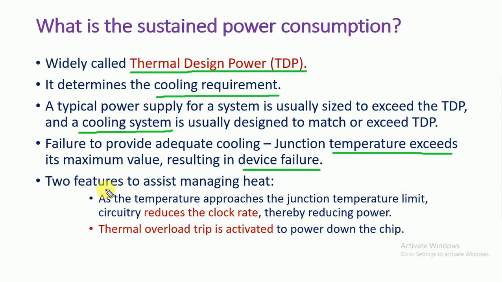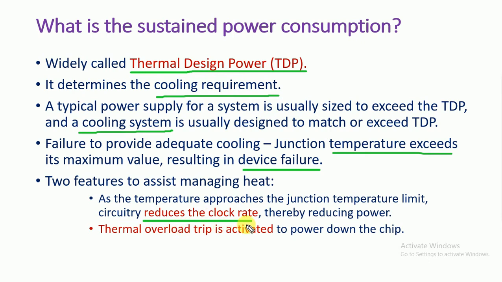So there are two features to assist in managing the heat. As the temperature approaches the junction temperature limit, circuitry reduces the clock rate, thereby reducing the power. So there are two more solutions to assist with the overheat that is generated even after the cooling system. As the temperature approaches the junction temperature limit, the circuitry should automatically reduce the clock rate.